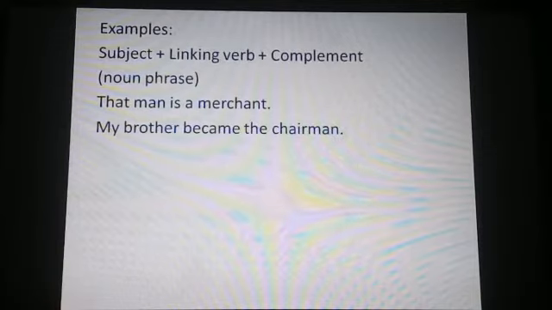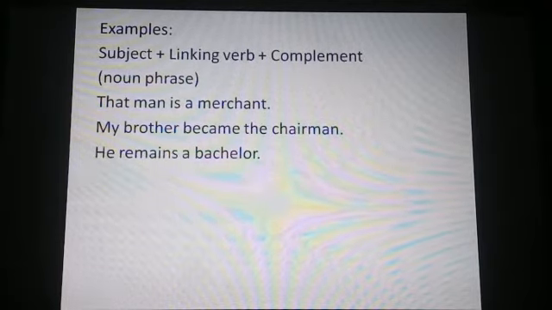My brother became the chairman. He remains a bachelor. Now, in these three examples, a merchant, the chairman, and a bachelor are the complements, and they are noun phrases.